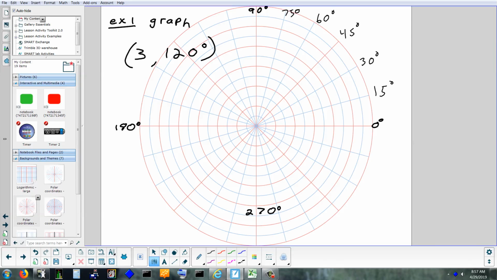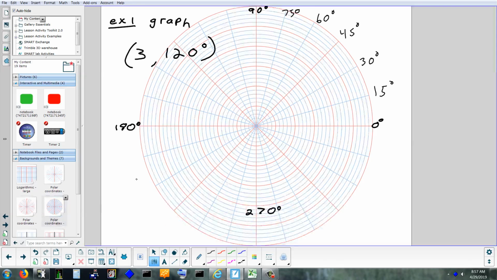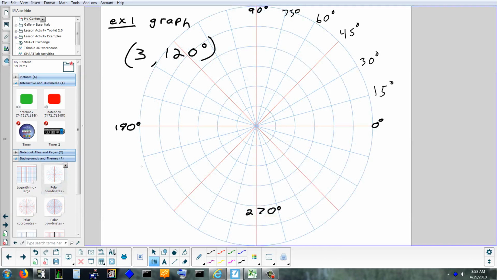Notice the angles didn't change. That never really changes. I mean, 15 degrees is always 15 degrees. And then I have one like this where the lines get even smaller, and I think it's kind of hard to see. So that's why I usually stick with this one. But I can only graph out to about 6 units. I'm not going to give you any that are bigger than 6.